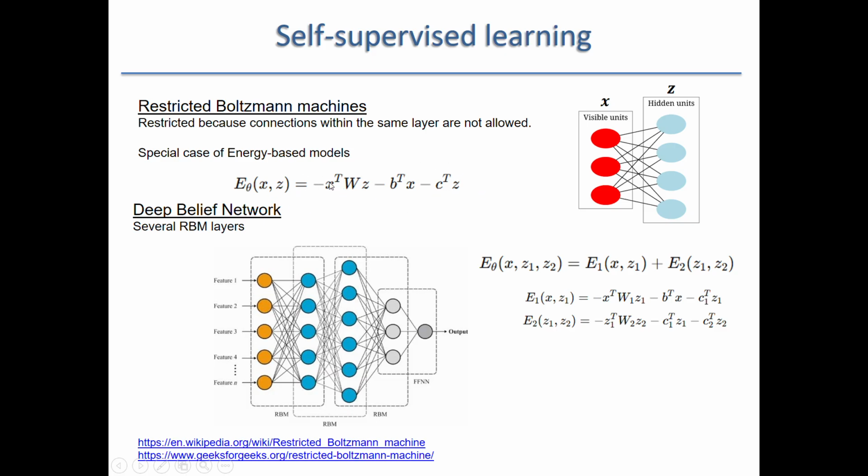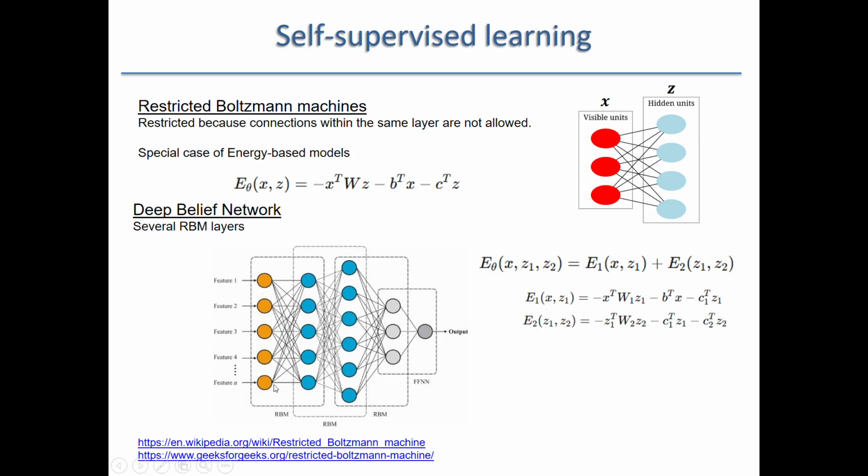The parameters of the network are W, B, and C. Deep belief networks are a particular case of neural networks in which each pair of layers is interpreted as a restricted Boltzmann machine.